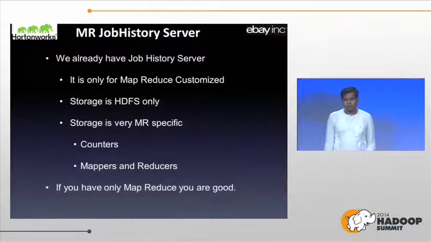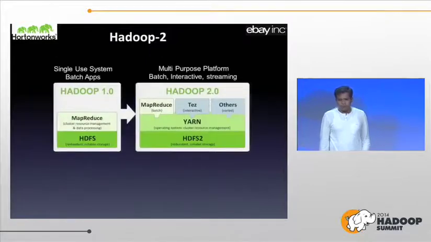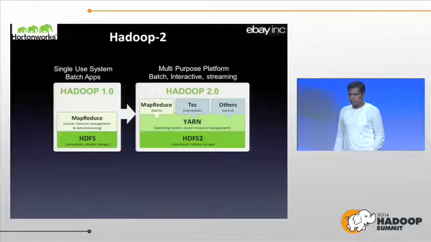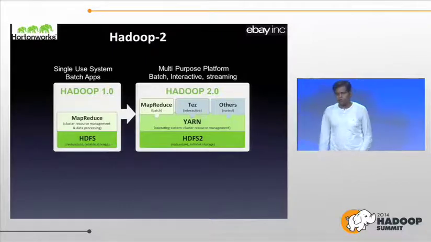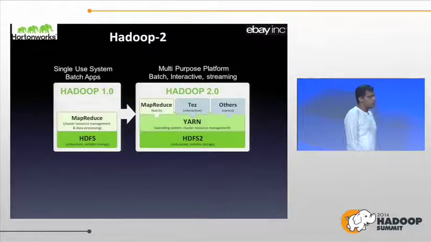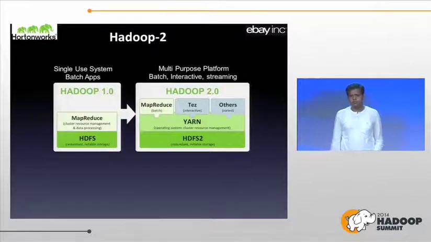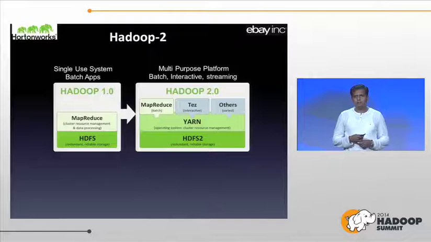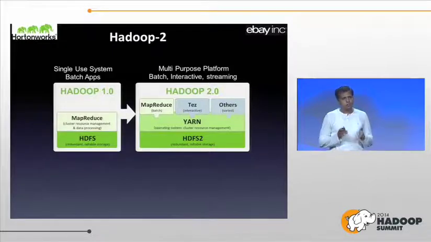But this is a paradigm shift from Hadoop 1 to Hadoop 2. Hadoop 1 was a batch processing system, and we only had MapReduce, so that job history server works well. When we developed Hadoop 2 in the community, we developed MapReduce for Hadoop 2, and we wrote the job history server very specifically for MapReduce.